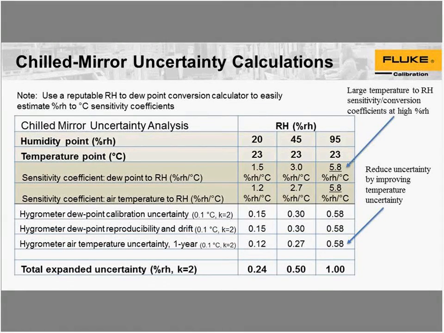The numbers can be a little different though, because the sensitivity coefficient is a little bit different for converting temperature uncertainty to uncertainty in percent RH. And we combine these uncertainties and we arrive at this, which is eye-opening for me. This is a reference level humidity instrument, but at 95%, the total uncertainty for the measurement system is 1%, which would be pretty big for a reference level instrument.